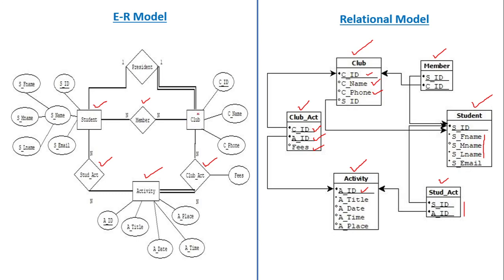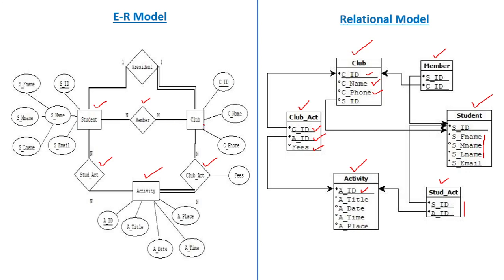That means every club must have a president, and only one president, not more than that. So instead of creating a separate relation president, we can think of adding the primary key. If the relationship is one-to-one, we may add the primary key of either of the participating entity sets in the table related to the other participating entity set.